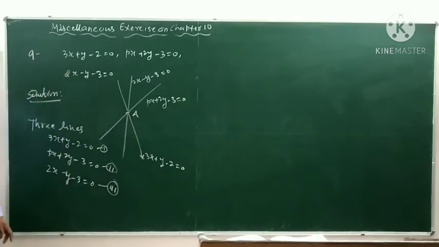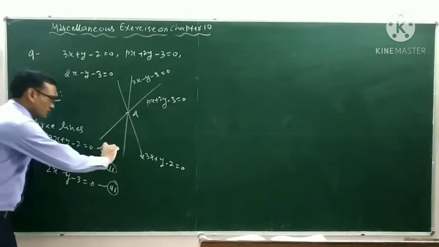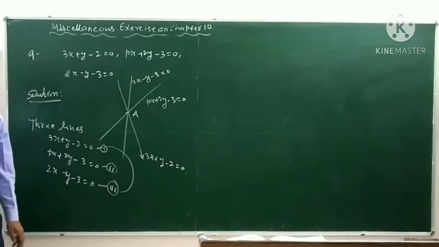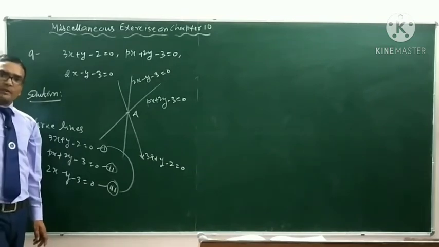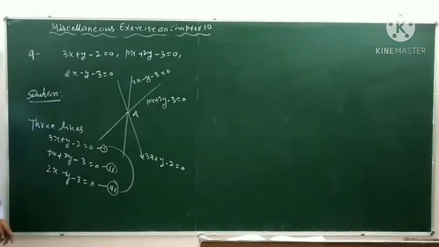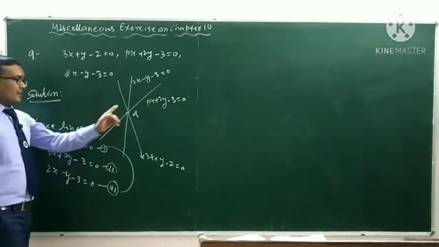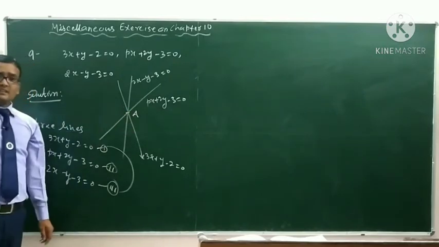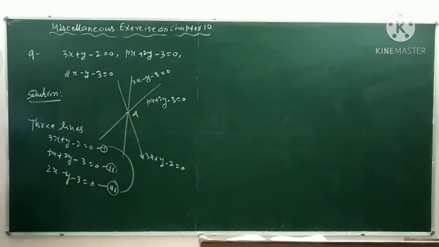Okay students, we can solve two equations, equation number 1 and equation number 2. We will find the value of x and y. Okay students, then the point A also lies on the line.